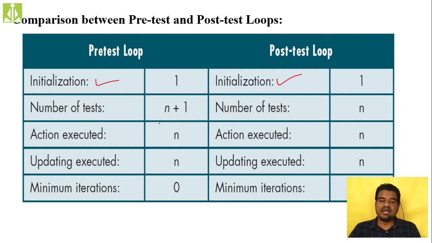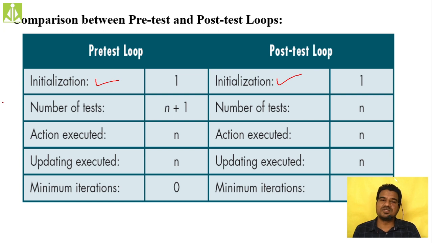In case of pre-test, it is n plus 1, because before executing the body, it will check the condition. In post-test, it checks the condition after executing the body. So if the loop repeats n number of times, the condition will be checked n plus 1 times, because for the false case also it will check the condition.